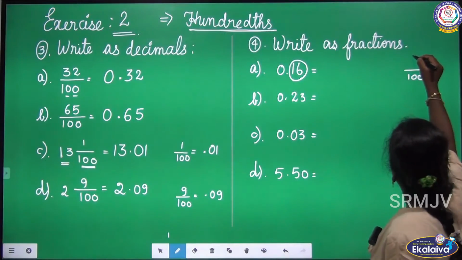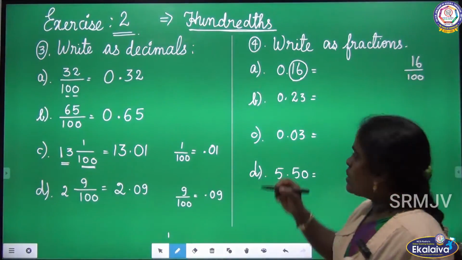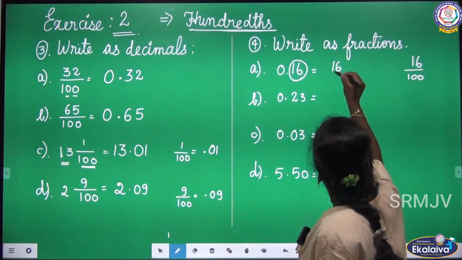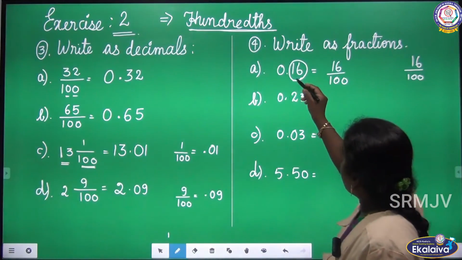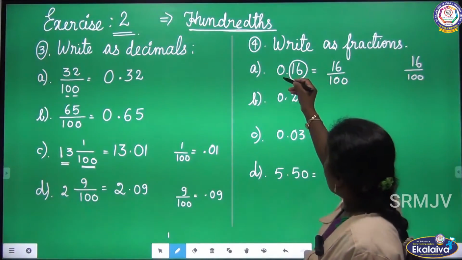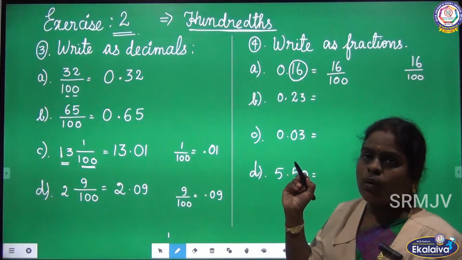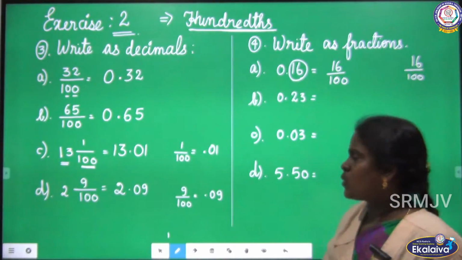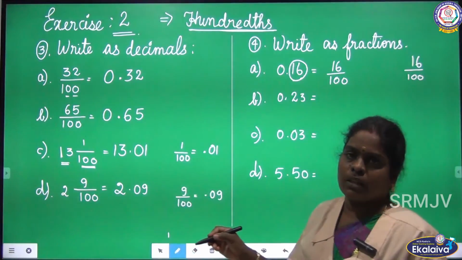It is 16. 16 by 100 is the fraction for the given decimal. 0.16 equals 16 by 100. There is no whole number in the given decimal. It is 0, so we need not copy the number 0. Except 0, if you have any number, you have to copy that.